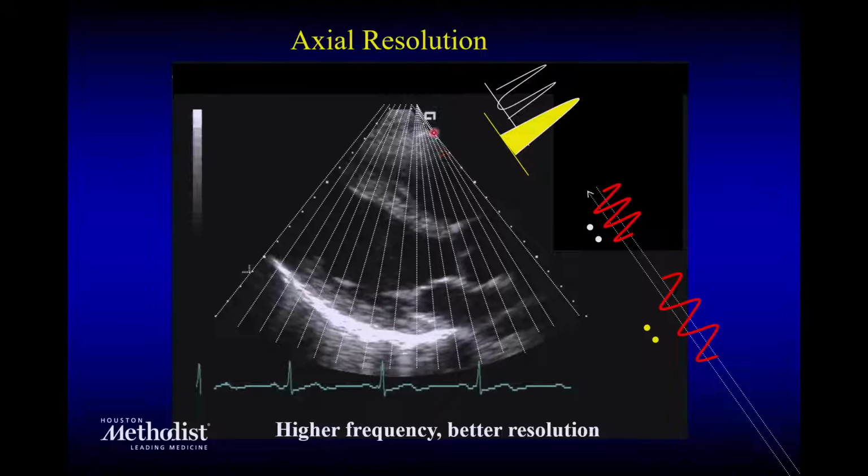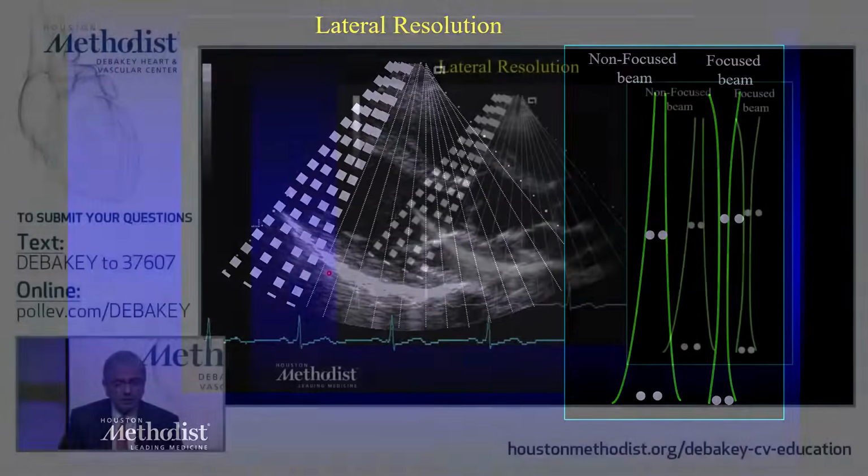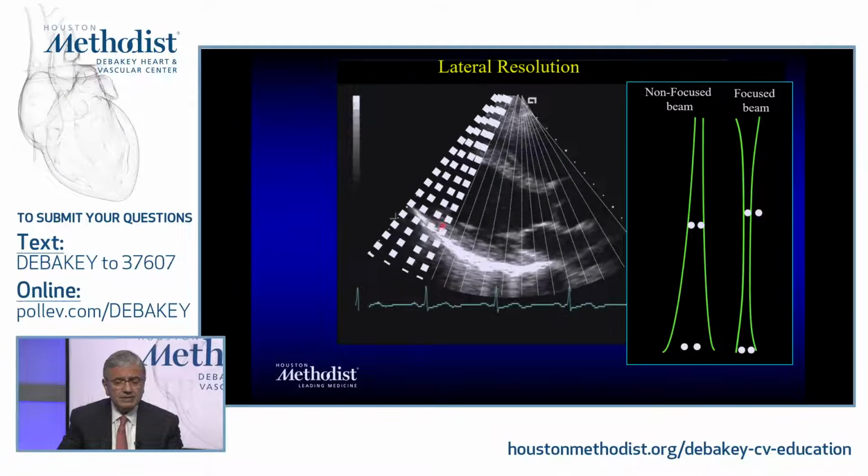Now, axial resolution, meaning that this is the resolution along the scan line per se, not discriminating in the lateral resolution, but along the axis of that ultrasound beam, and it is actually the best resolution that we have. If you compare that to the lateral resolution, I insinuated also that as you go further, the distance between these scan lines gets a little larger.